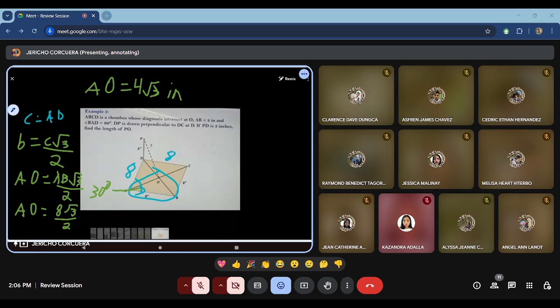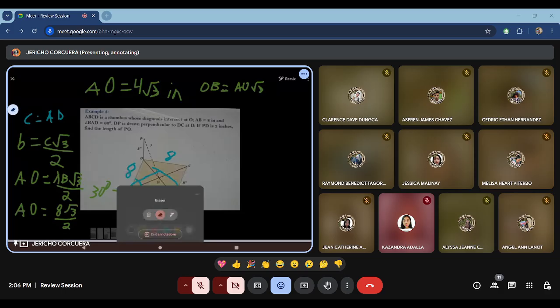Anyway, let's look for line OB. We'll find the length of line OB in terms of line AO. So we can do OB is equal to AO square root of 3 over 3.